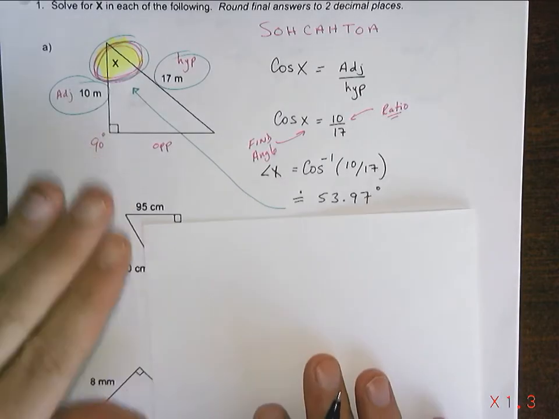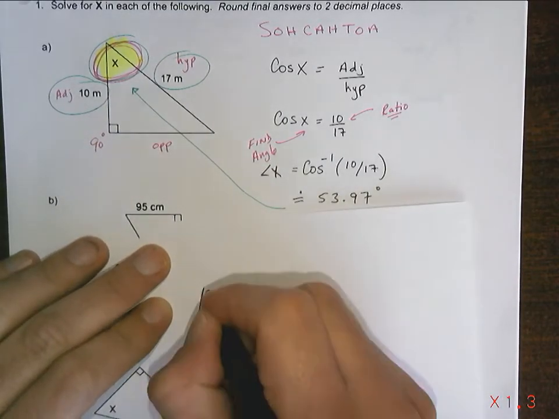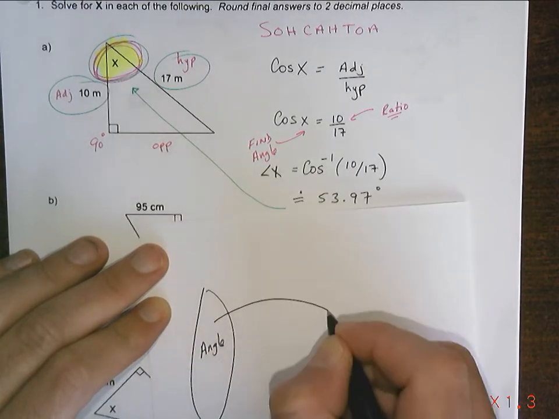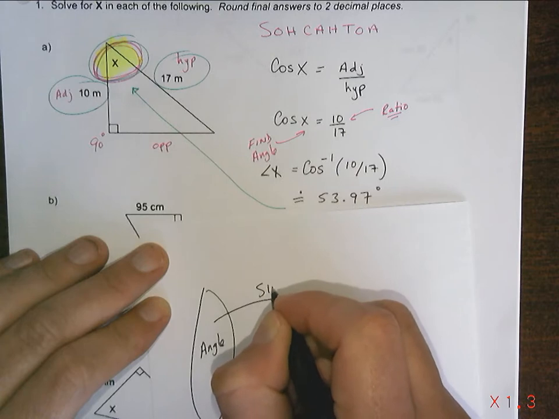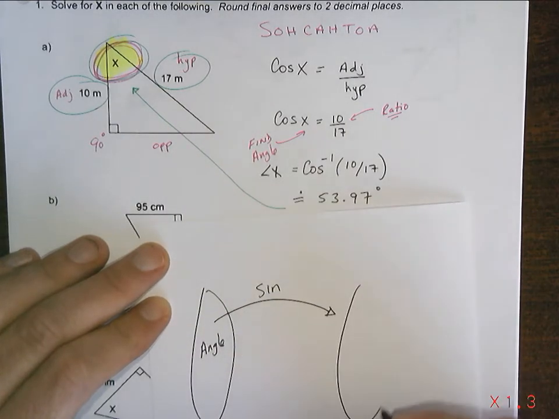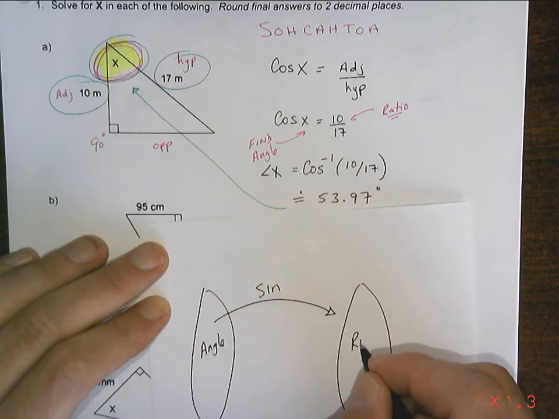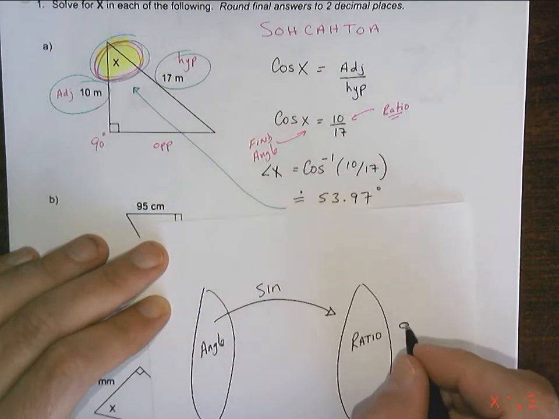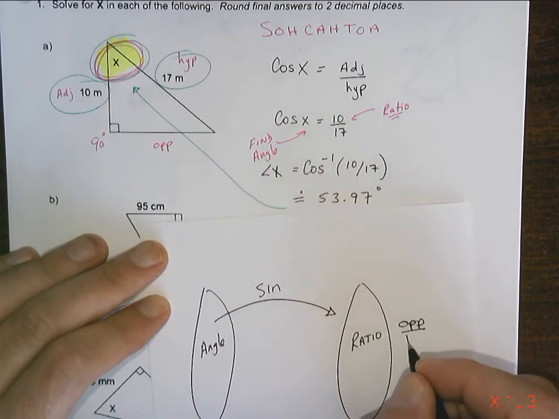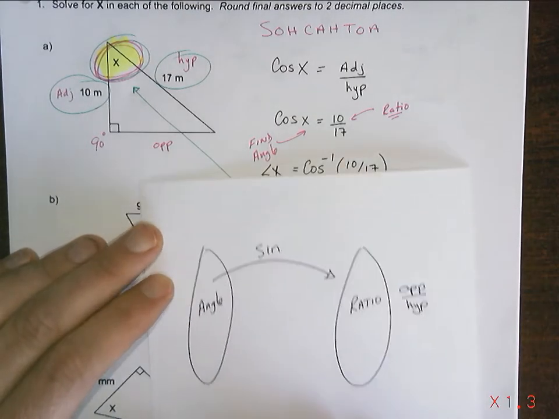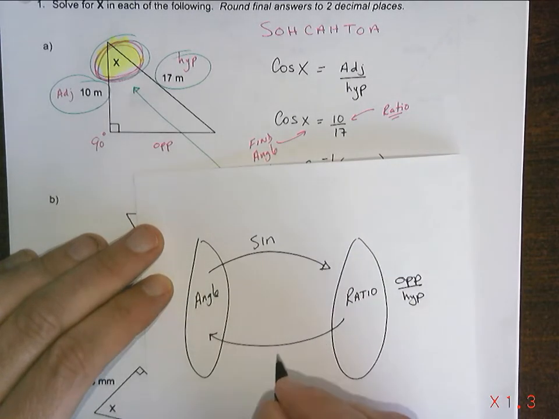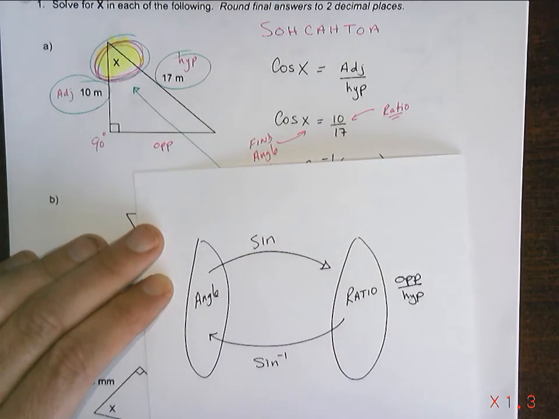What we're actually doing when we use our calculators is we're taking an angle measurement and we're putting it through a function like sine, and what that does is it gives you a side ratio. And for the sine ratio, it's the opposite side over the hypotenuse. When we take a ratio back to an angle, that's called the inverse. And it looks like that.